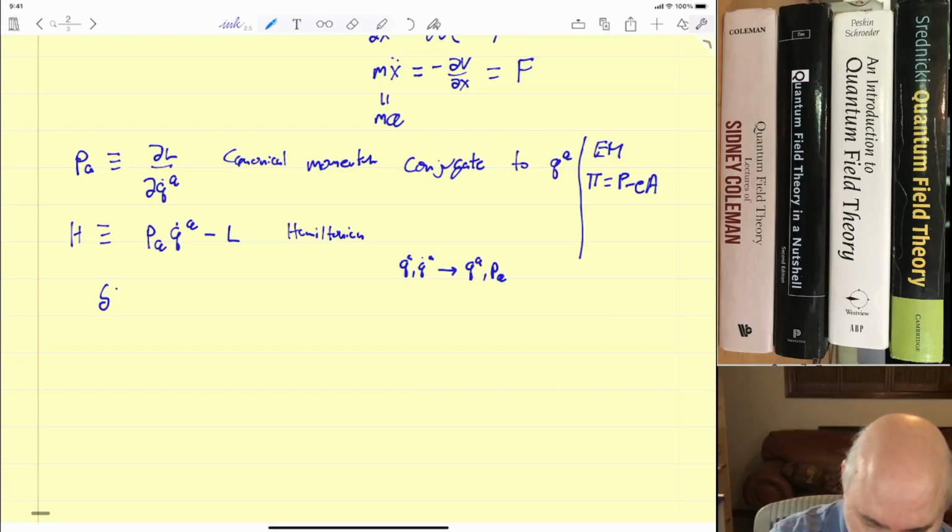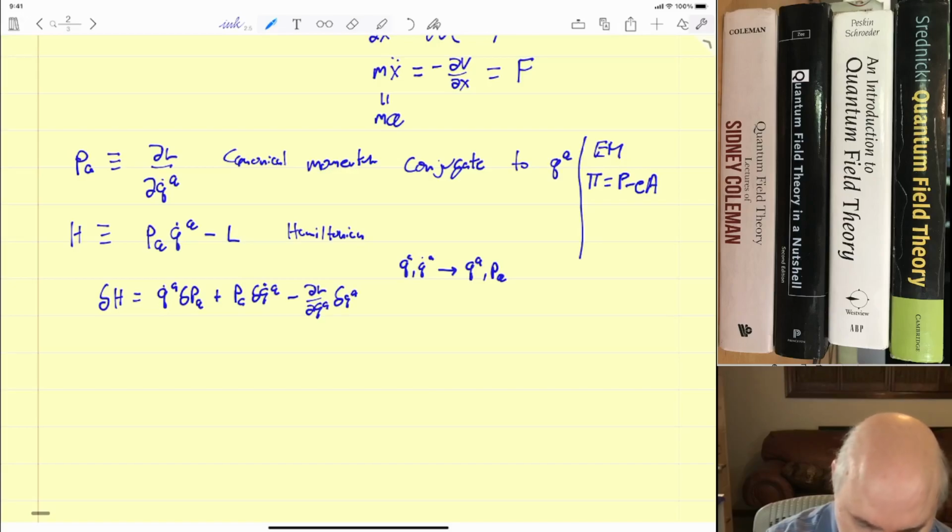But right now we'll say del H is equal to Q dot A del PA, plus PA del Q dot A, minus the partial of L with respect to QA del QA, minus the partial of L with respect to Q dot A del Q dot A.